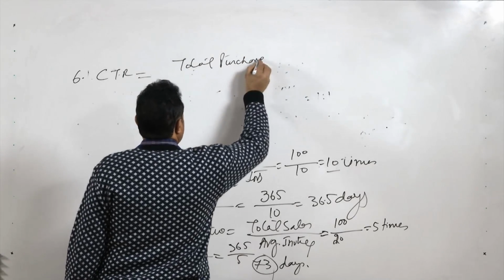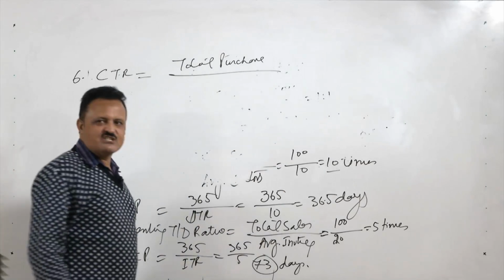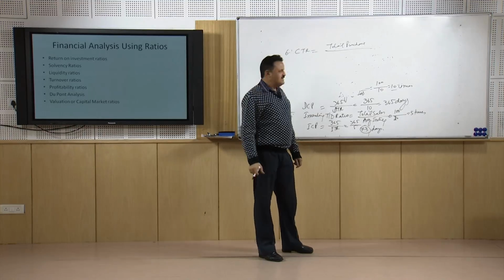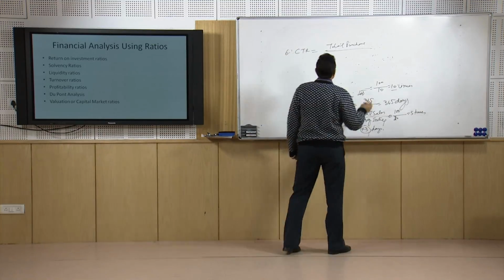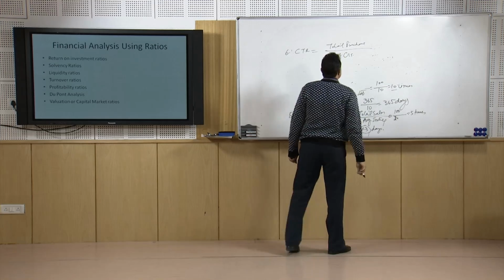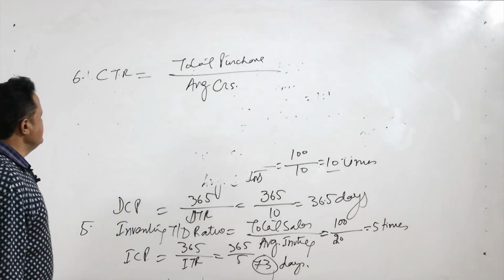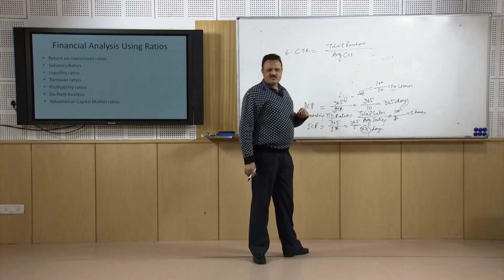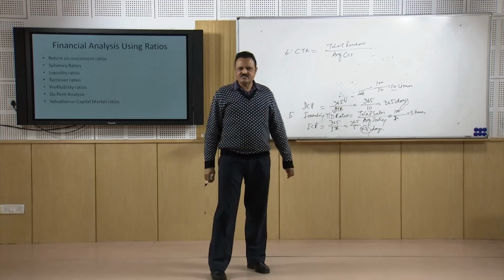Normally we should take the credit purchases, but the figure of credit purchases is not available in the balance sheet, so it is always better to take the total purchases divided by the average creditors, and we will get this ratio in times, like the debtors turnover ratio.